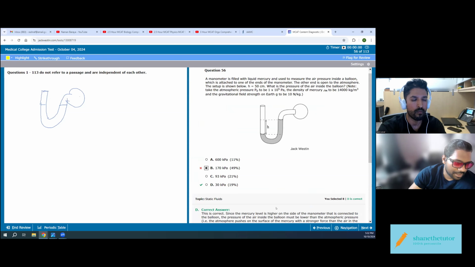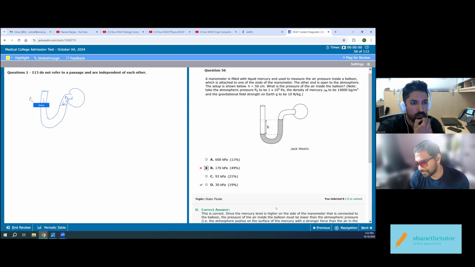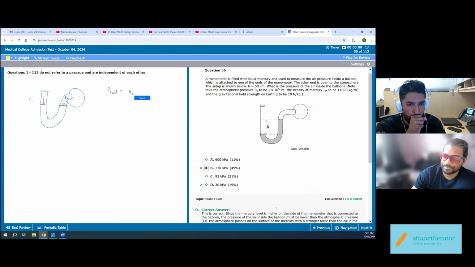And let's say this vector here is the pressure of the balloon, and this vector here I'm going to write pressure L, meaning left. If these levels are equal, the pressure of the balloon should be equal to the pressure on the left side, right?